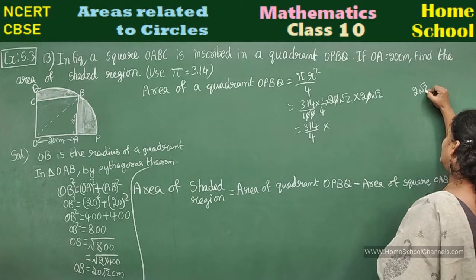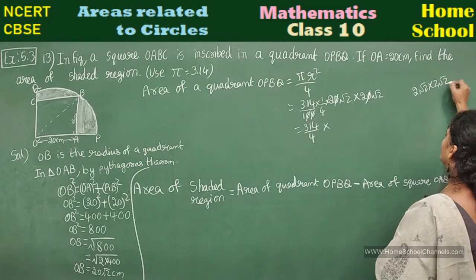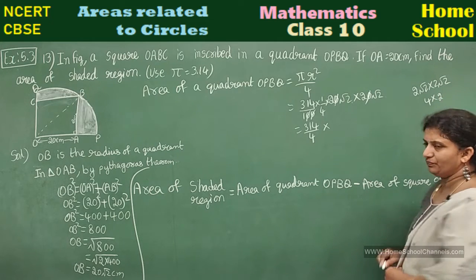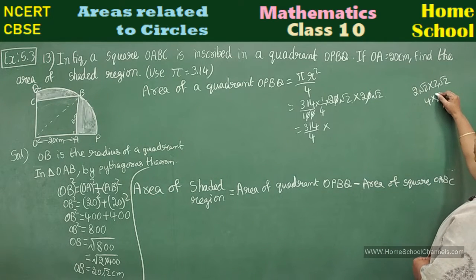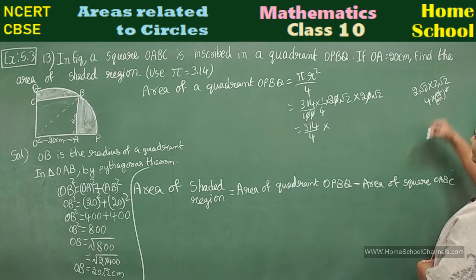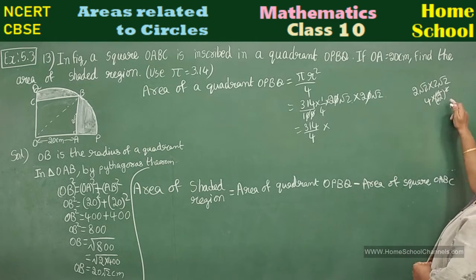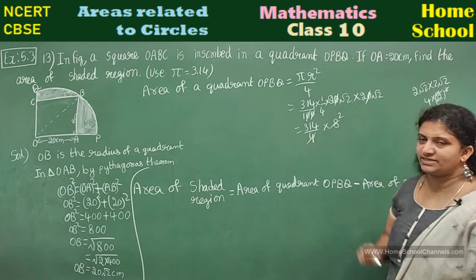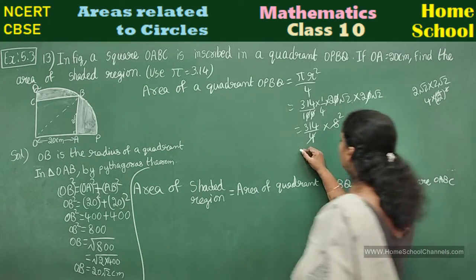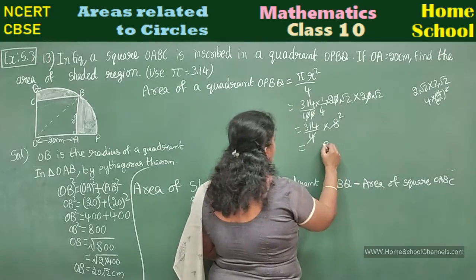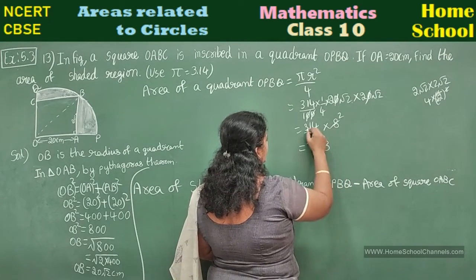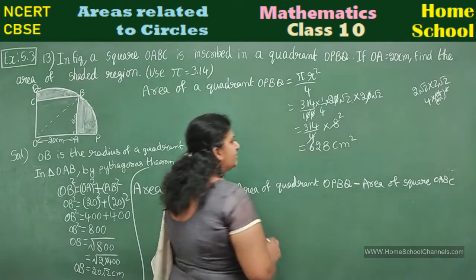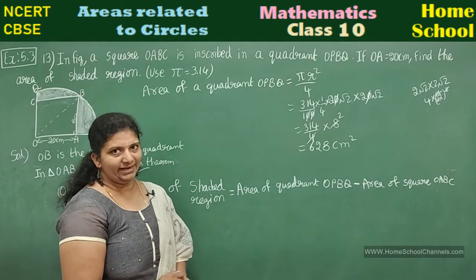Observe carefully. 2 root 2 into 2 root 2. 2 2s are 4. Root 2 into root 2 will be 2. How? Root 2 into root 2 means root 2 whole square. The square root will be cancelled. So 4 2s are 8. Now cancel with this. 4 2s are 8, and multiply. 4 2s are 8, 2 1s are 2, 3 2s are 6. 628 centimeters square is the area of the quadrant.